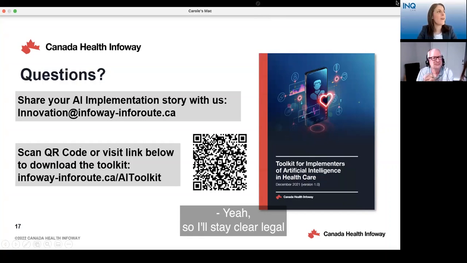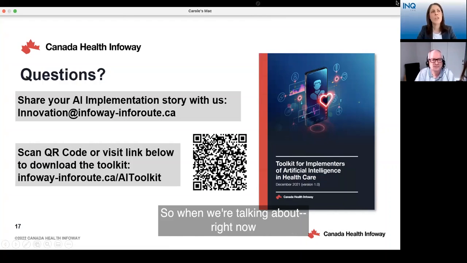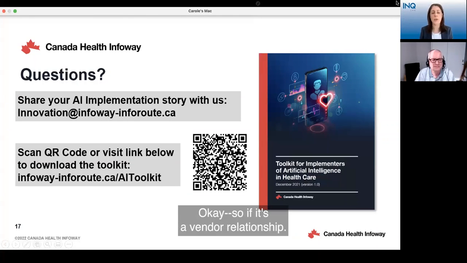Yeah, so I'll stay clear of legal advice, but I will give some guidance on how to think this through. The question of liability is super interesting because you look at it from different angles. The first thing you're going to look at is, what do our contracts say? If it's a vendor relationship, if you have procured an AI system or you're working with a partner, you're going to look at your partnership agreement, maybe a co-ownership agreement, a joint IP agreement.